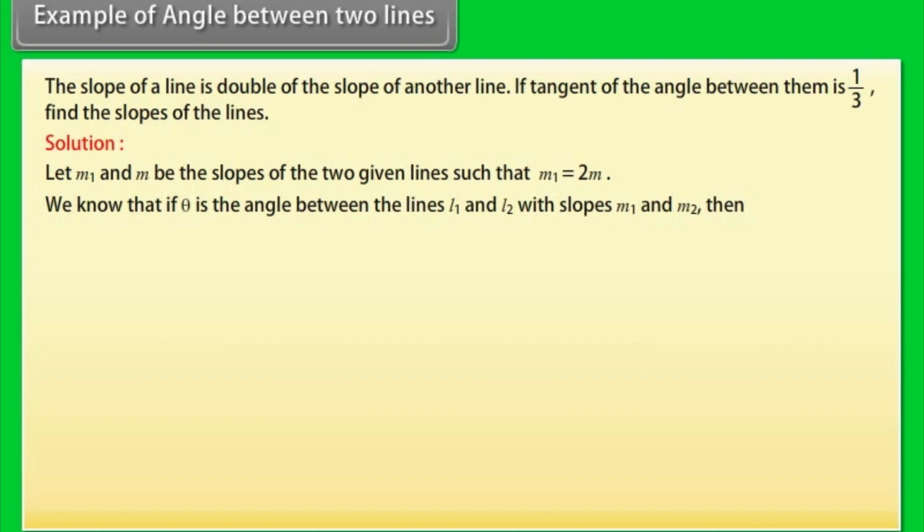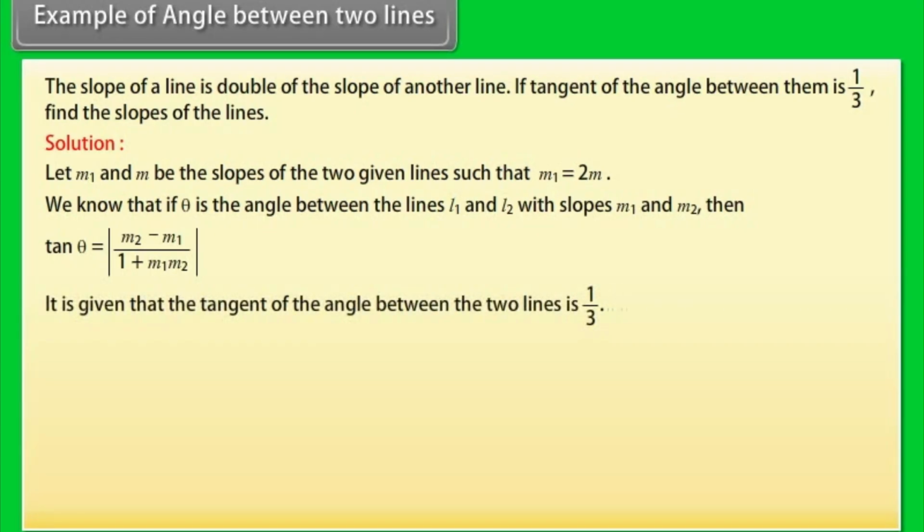We know that if theta is the angle between the lines L1 and L2 with slopes m1 and m2, then tan theta is equal to the modulus of (m2 minus m1) divided by (1 plus m1 m2). It is given that the tangent of the angle between the two lines is 1/3. Therefore, 1/3 is equal to the modulus of (m minus 2m) divided by (1 plus 2m into m).